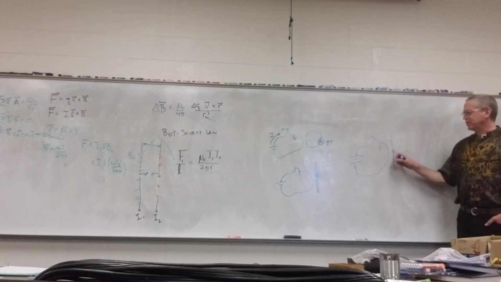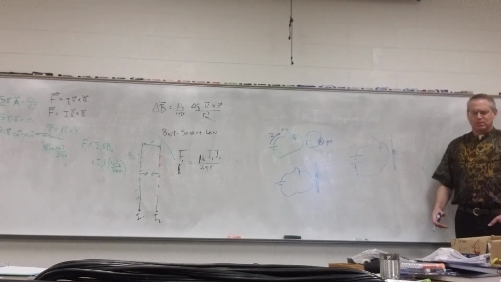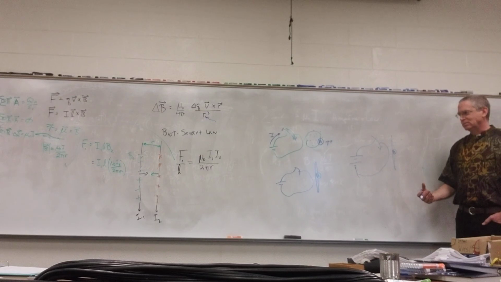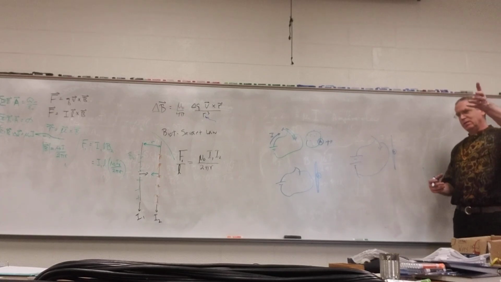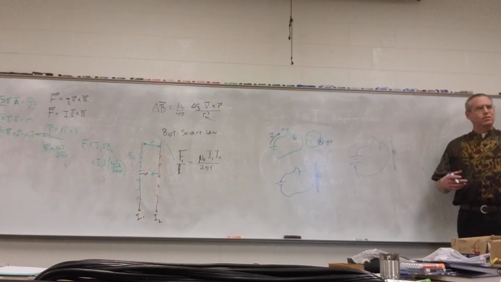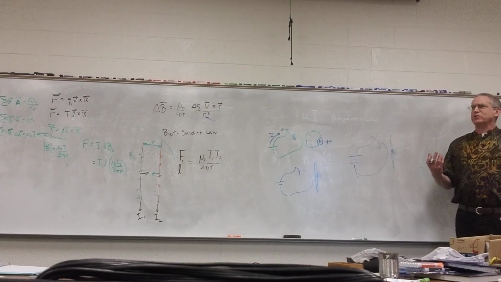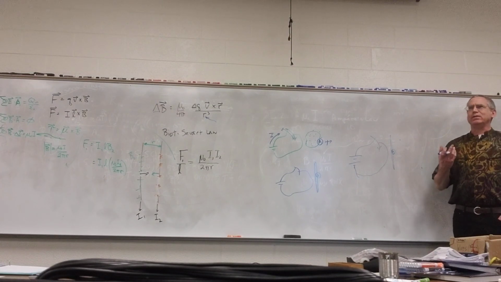So therefore, the current generated here depends on what two things? The battery and the area. Area, yes, and magnetic field. So is there some property that involves both magnetic field and area?